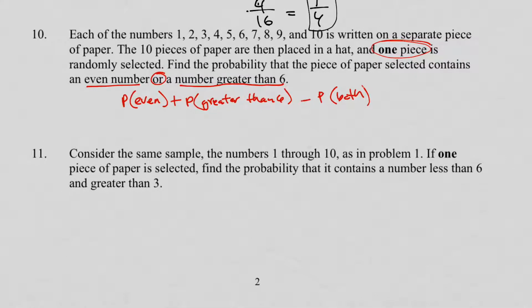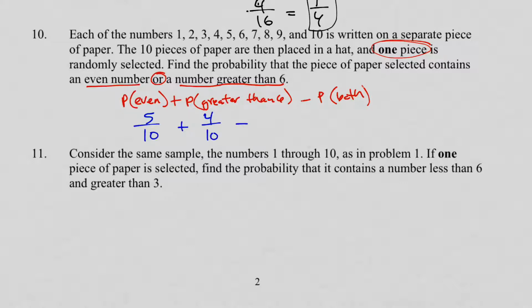Now, because this is actually listed out, we can just look at the numbers and count them if you want to. So, even numbers, we have 2, 4, 6, 8, and 10, right? It's 5 even, 5 odd. So this will be 5 out of 10. Now, how many numbers greater than 6? 4. Can't include 6, so that's going to be 7, 8, 9, 10. That's 4.